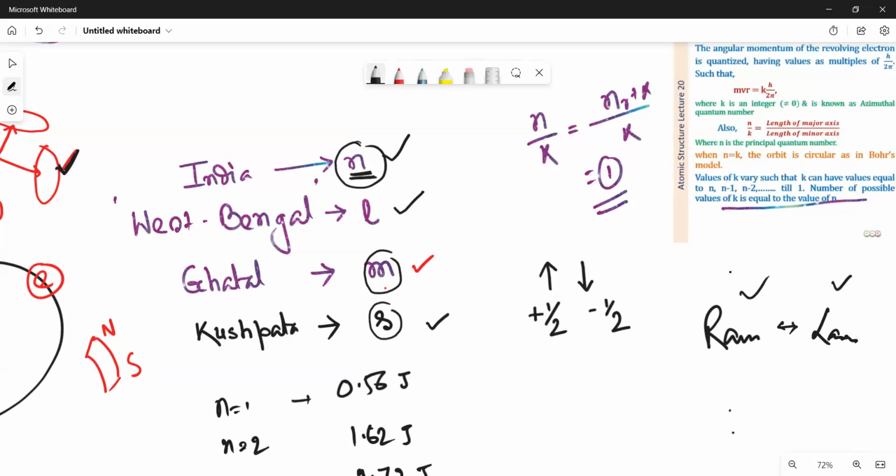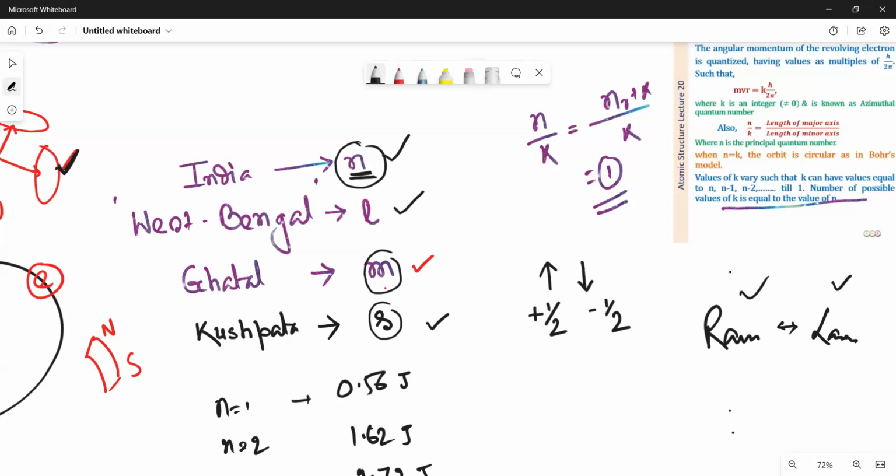But if it is in a single atom, if we are thinking of only the iron atom, or only the copper atom, then all four quantum numbers of any two electrons can never be the same, right? This is called the Pauli exclusion principle.